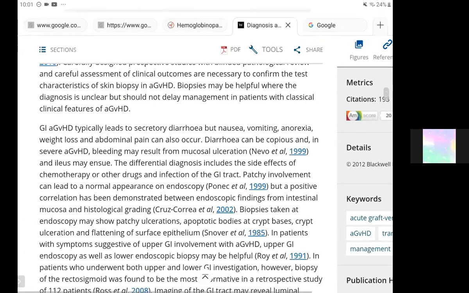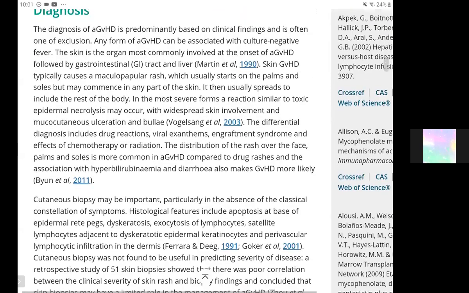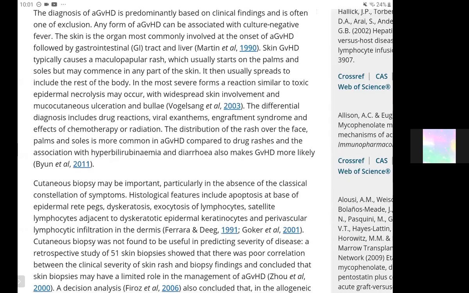Now regarding the cutaneous manifestations, they usually start with a maculopapular rash, which usually starts on the palms and soles. So most of the symptoms involved would affect the skin of the palms and soles, and the areas that may be affected are also the face and the neck.